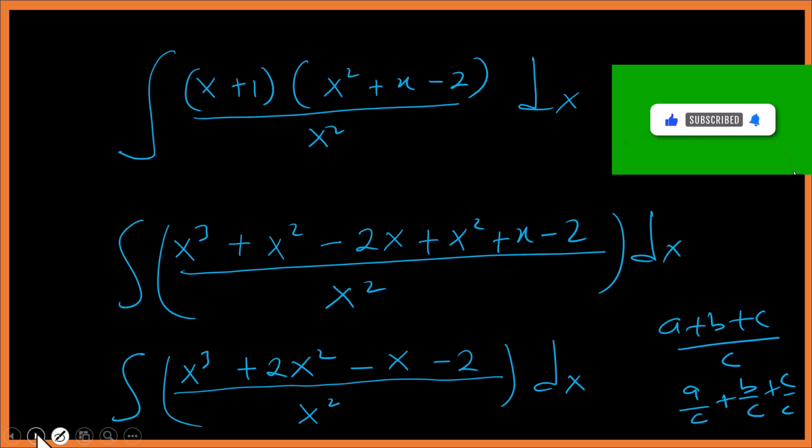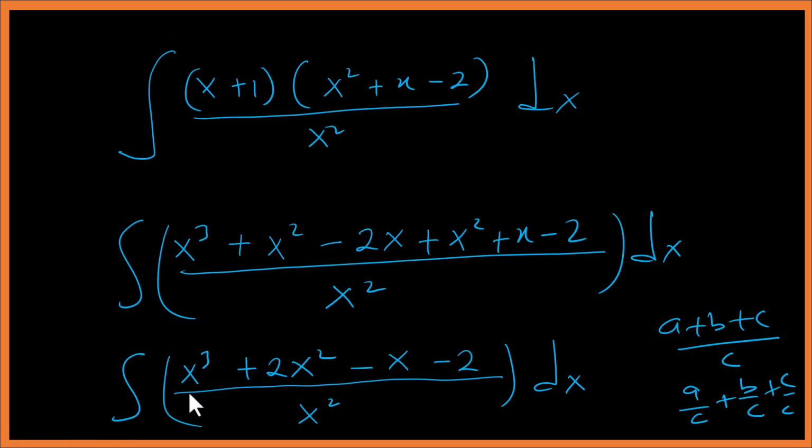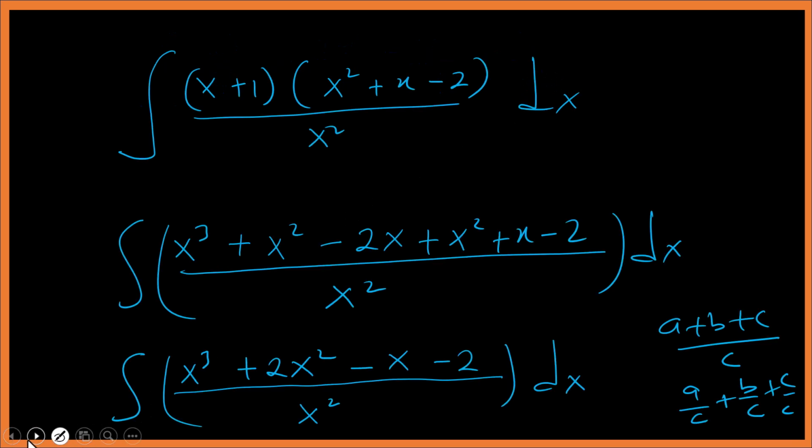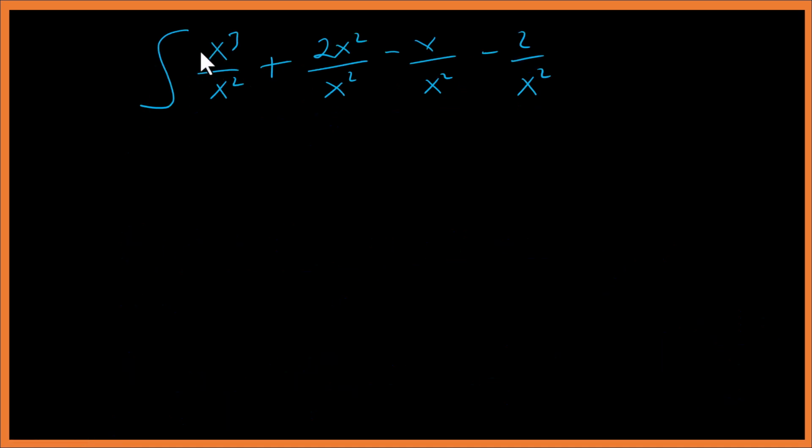So we have the integral of x cubed over x squared plus 2x squared over x squared minus x over x squared minus 2 over x squared, dx.